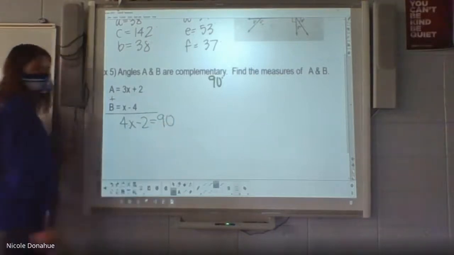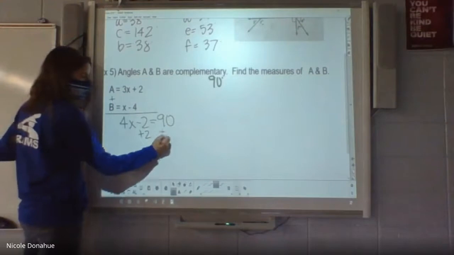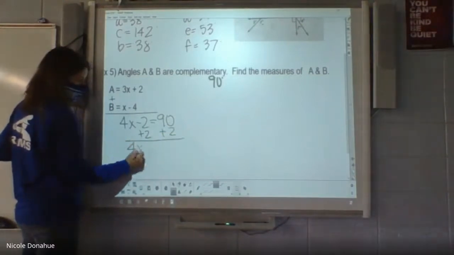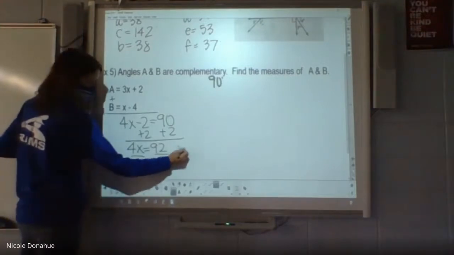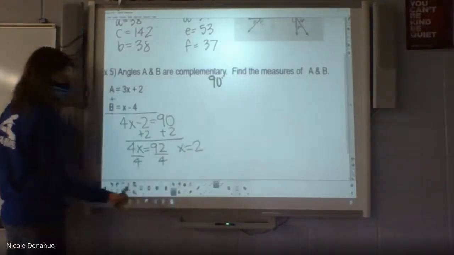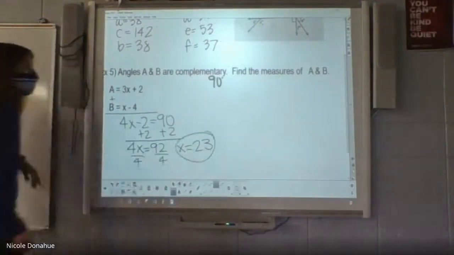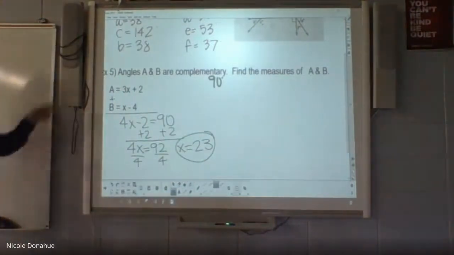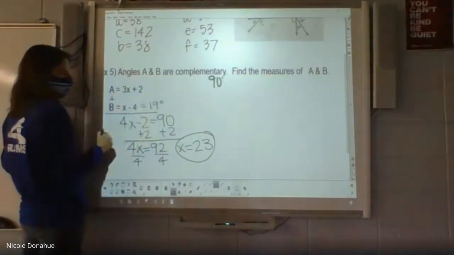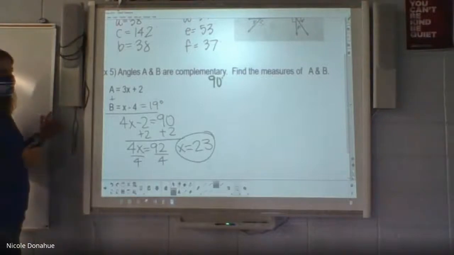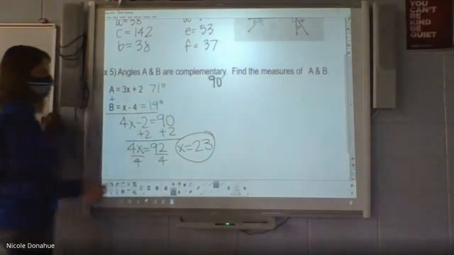That should add to 90. X ends up being 23, is that right? Okay. So x is 23. They want the measures of A and B. I put that back in. 23 minus 4 is 19. And then that leaves the leftovers for angle A, which would be 71. Does that sound right?